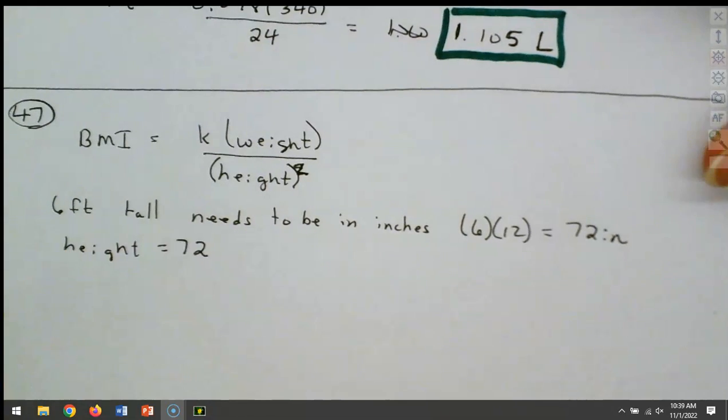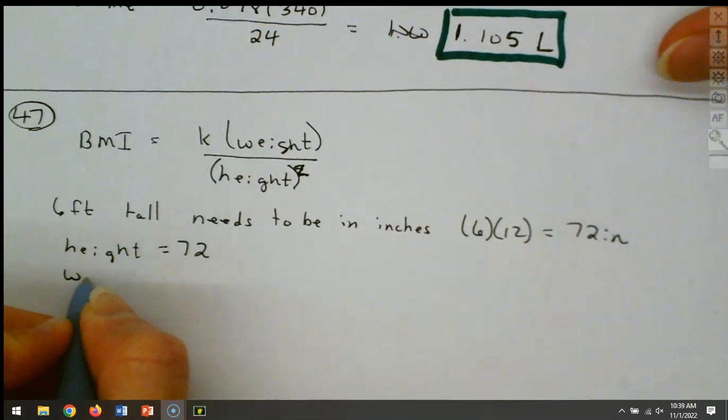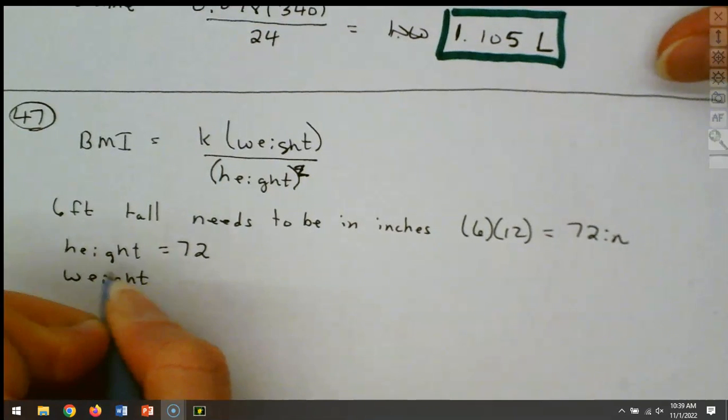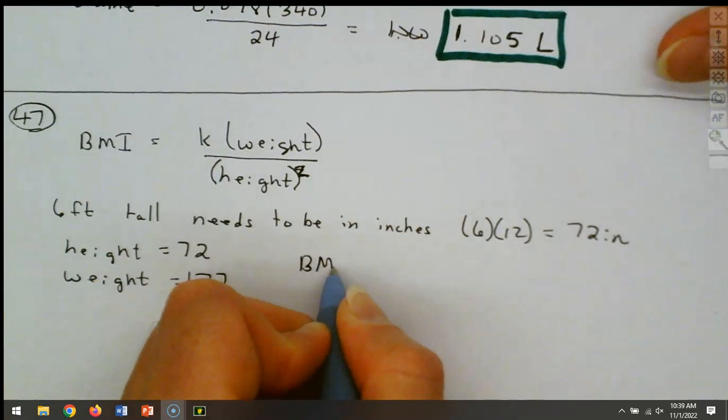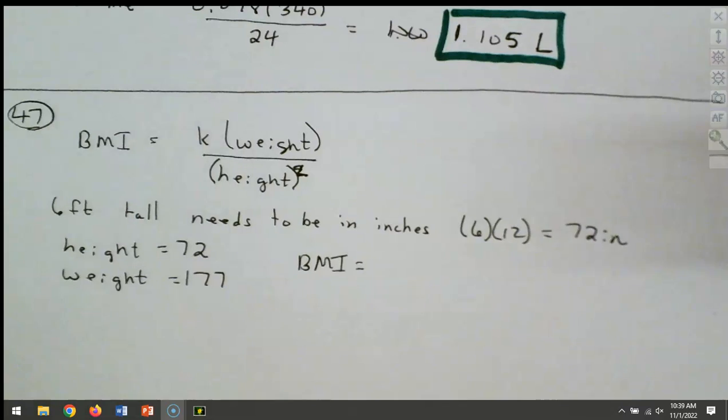So the height is 72. And that's going to correspond to someone who weighs 177 pounds. So the weight's 177. And the BMI of that person is 24.